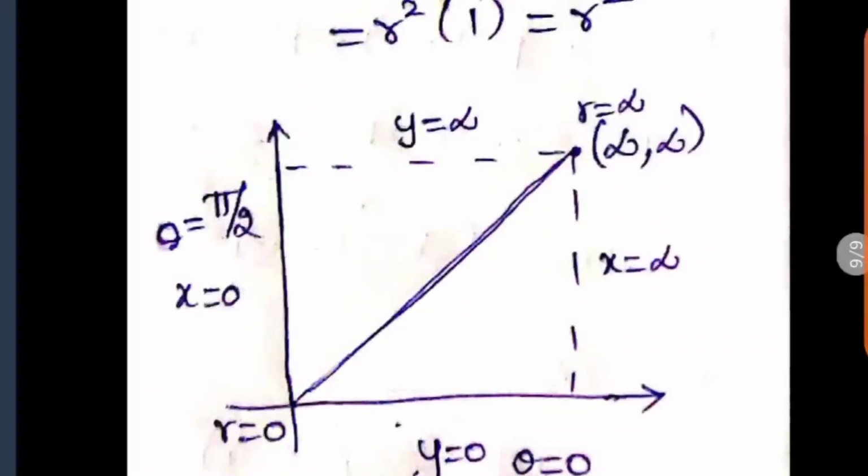First, this is the general graph I have drawn here. The x-axis is y equal to 0 and the y-axis is x equal to 0. I have drawn an imaginary line showing x is equal to infinity and y is equal to infinity, because for us x and y are given from 0 to infinity.